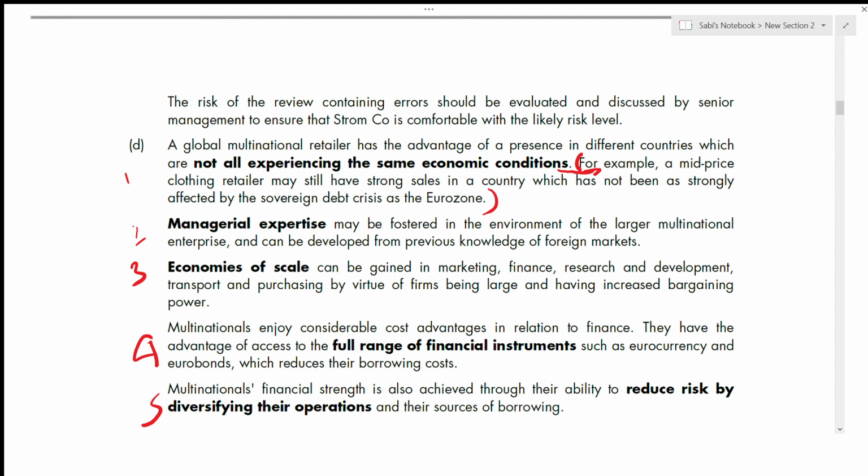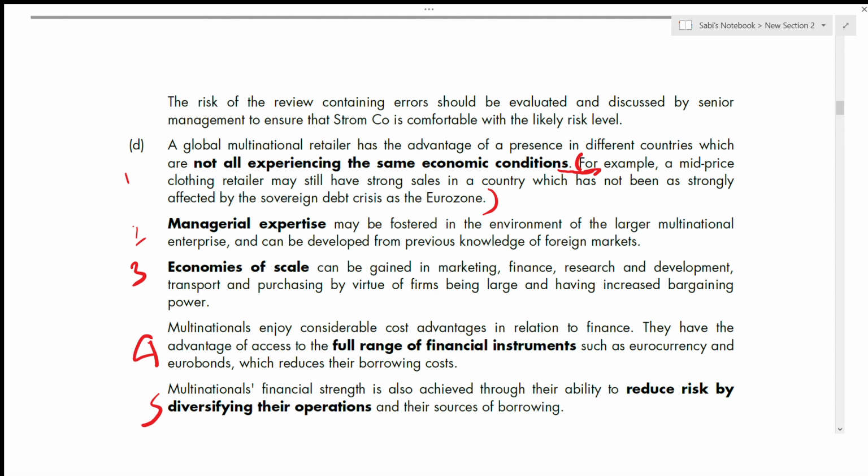Fourth, multinationals enjoy considerable cost advantage in relation to finance, right? We all know that multinational companies have access to a wide range of finance compared to smaller or local companies. They have the advantage of access to a full range of financial instruments such as eurocurrency and eurobonds, which reduce their borrowing cost.